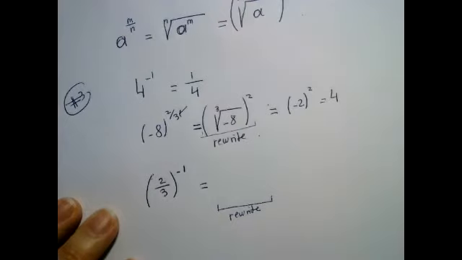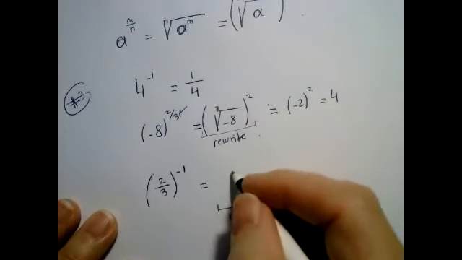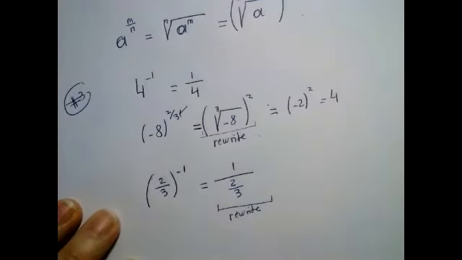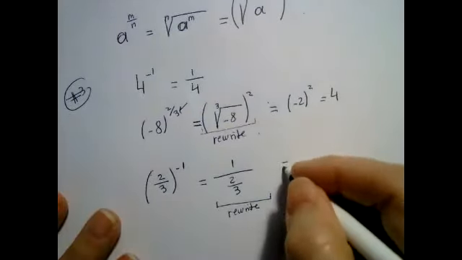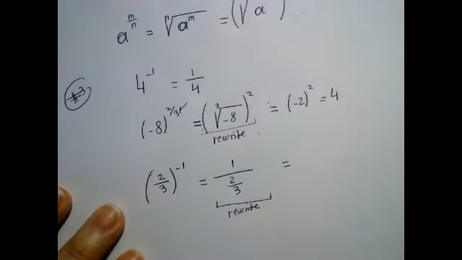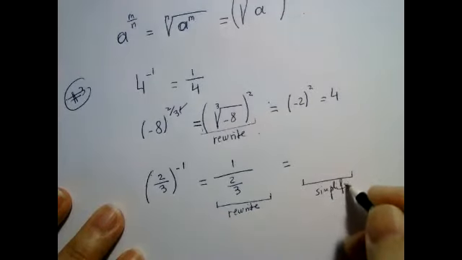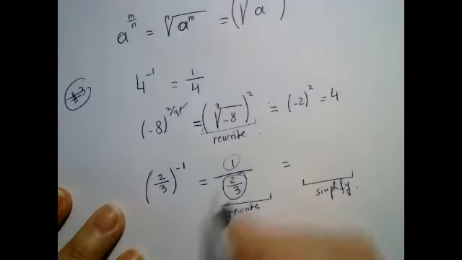Would that be 1/2? Yeah, don't be afraid. 1/2. That's really what it means to the -1. That's the rewrite. Now, how would you simplify it? Stay with me. Now simplify. 1 divided by that gives you what? Property of fractions.